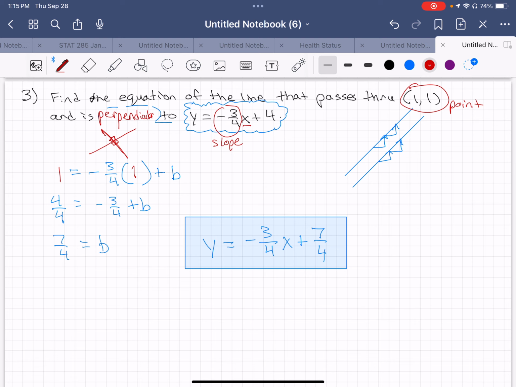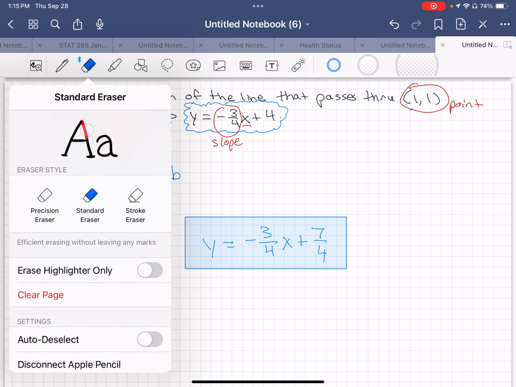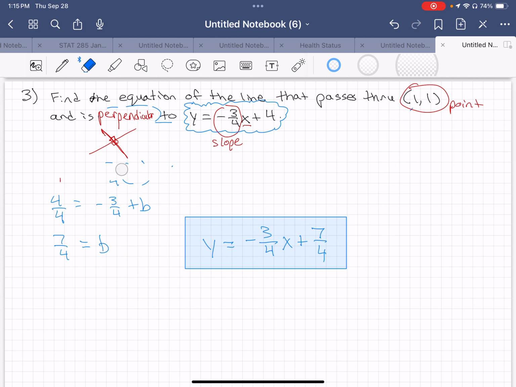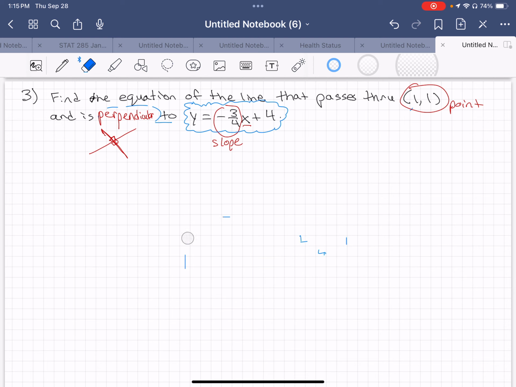So let's play with this just a little bit to see how we would figure out a perpendicular line. So I'm going to erase our work from before. And you can try to visualize a perpendicular line.